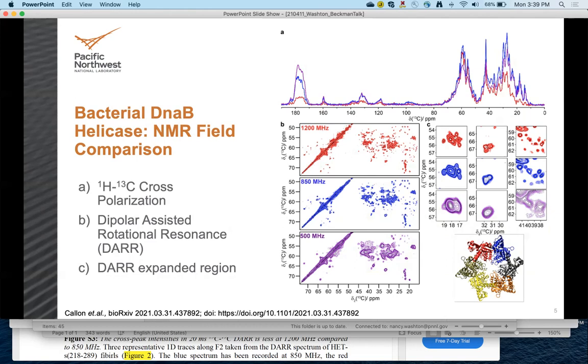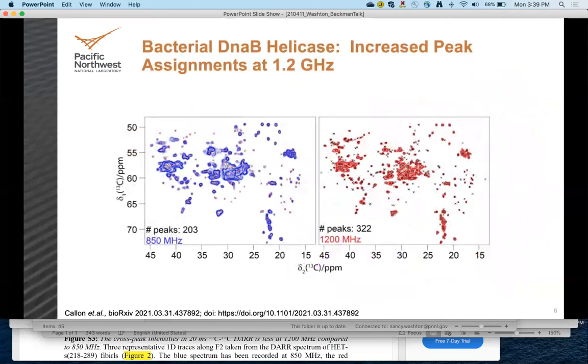And the reason is as you go up in field, your spectral window width increases and it becomes difficult to decouple protons from the carbon here. And because of that, you get this intense broadening and decrease in intensity of your peak. And so although it's almost always good, there's always a few caveats to be had.